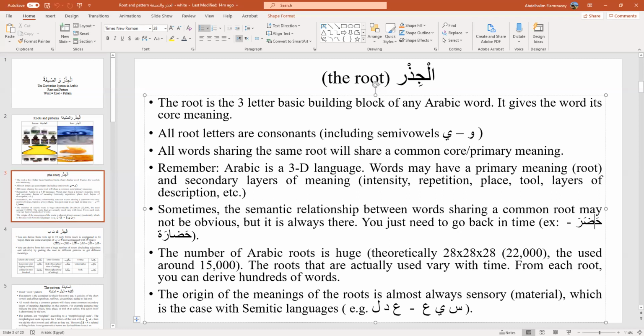So, for instance, what was originally called adl in Arabic was the thing that they put on top of the camel during long travels. In order for the camel to be able to take long journeys, the weight of the things on both sides of the camel had to be very well balanced.